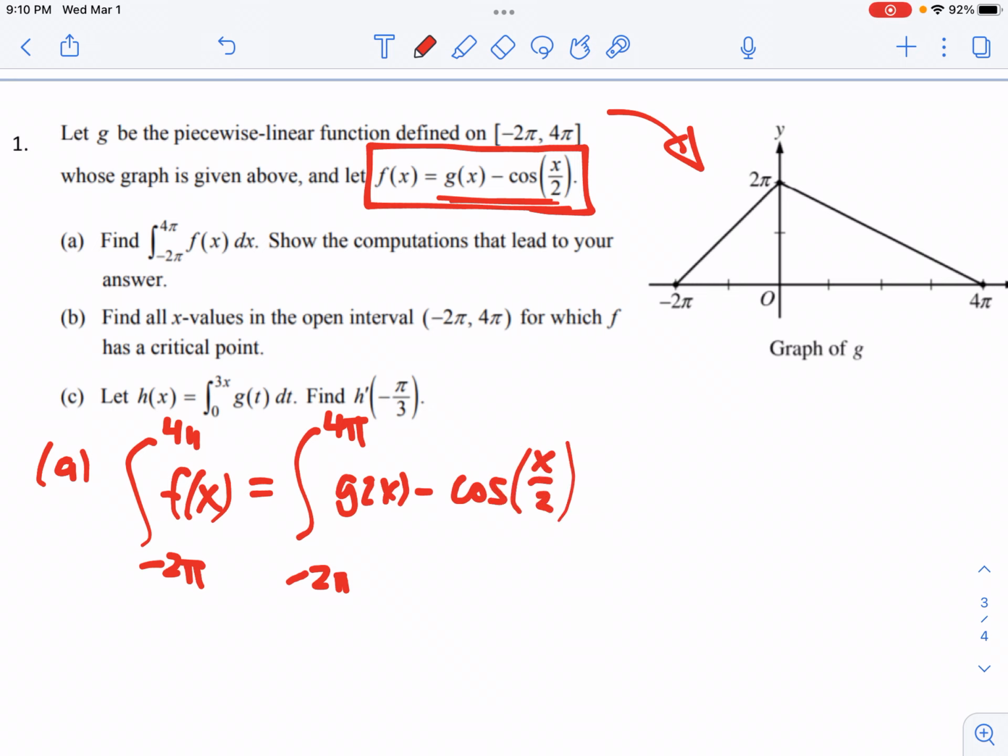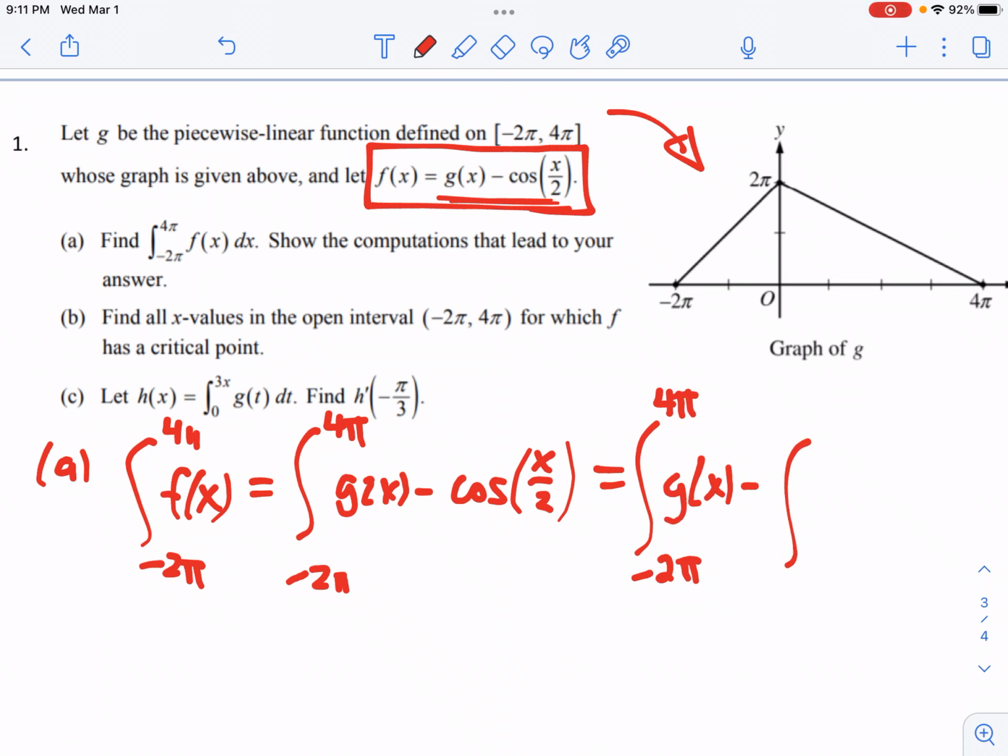We can use the properties of integrals to separate that difference: the integral from negative 2 pi to 4 pi of g of x minus the integral from negative 2 pi to 4 pi of cosine x over 2 dx.